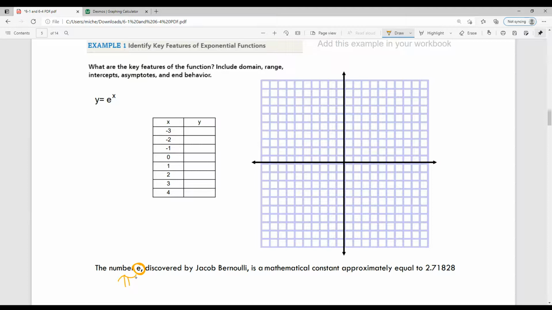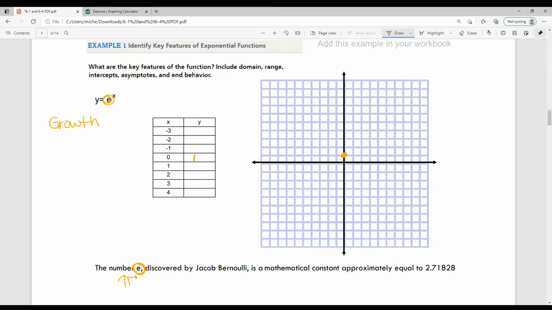If e is approximately 2.718, that means this number is greater than 1, so I know I'm going to have an exponential growth function. I can also tell without using my calculator that whenever x is 0, anything to the 0 power is 1, so I have a point at 0, 1.